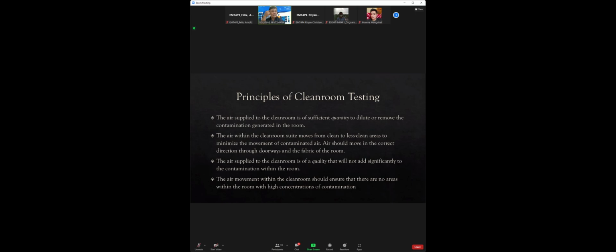So that's it. That is what we look at first if you're going to test the clean room. There will be regular intervals based on the type of clean room. And what are those? These are the principles.